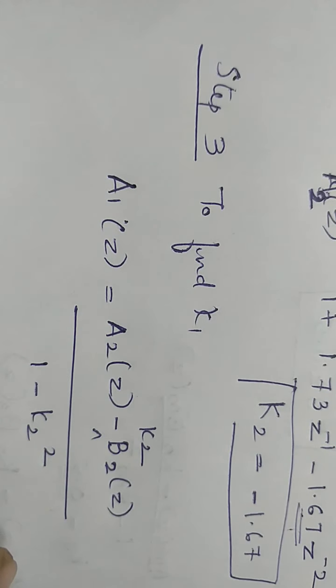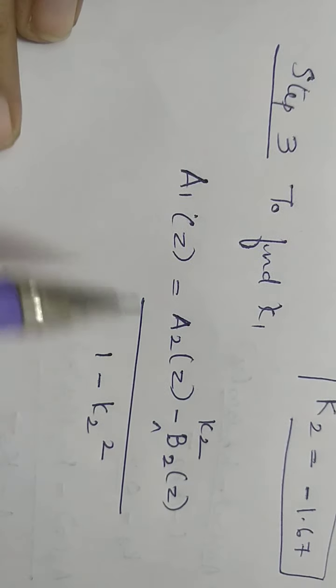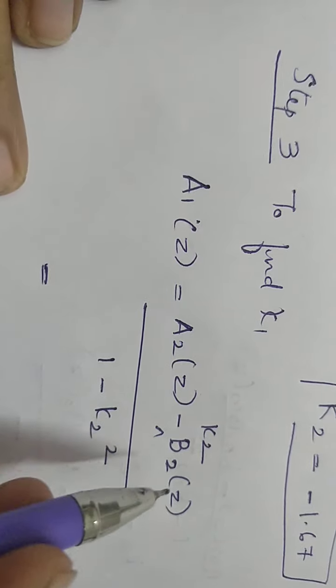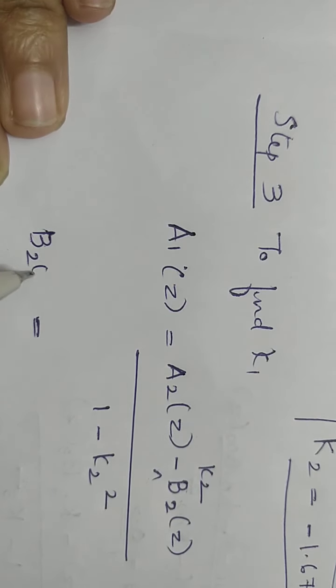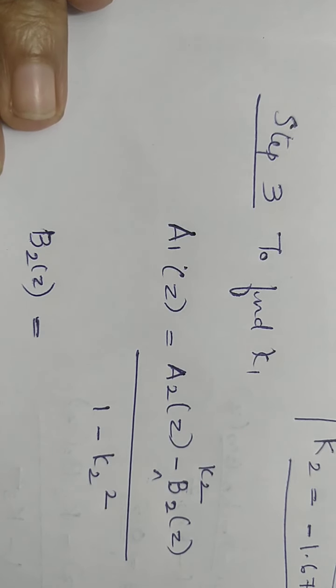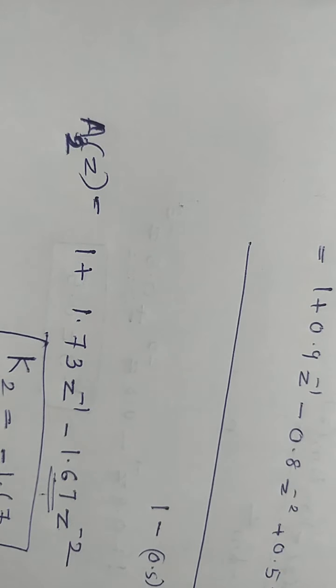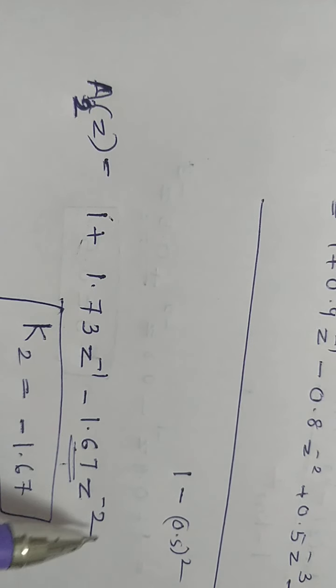This is the equation for finding out a1 of z. For that we need to find the value of b2 of z. We know the equation for a2 of z.